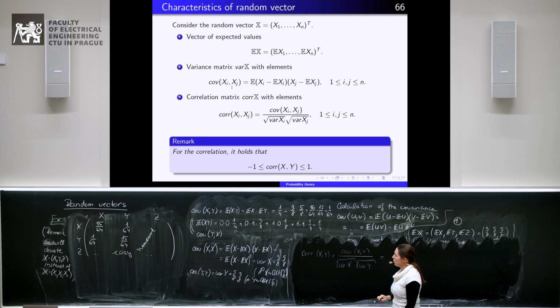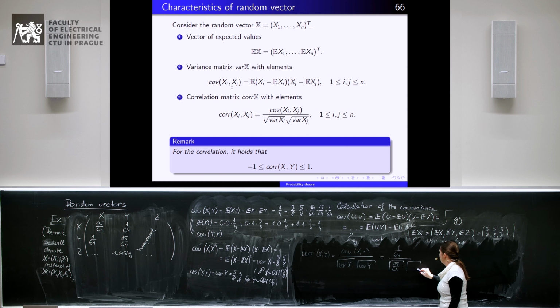The covariance of x and y is equal to 1 over 64. The variance of x is 15 over 64. The variance of y is 15 over 64 as well.